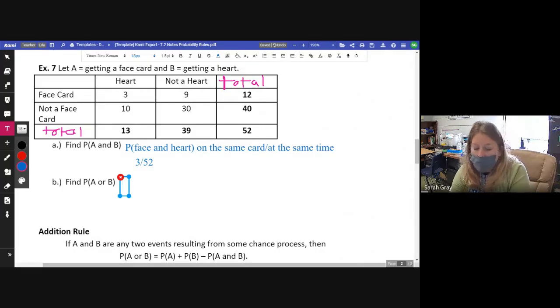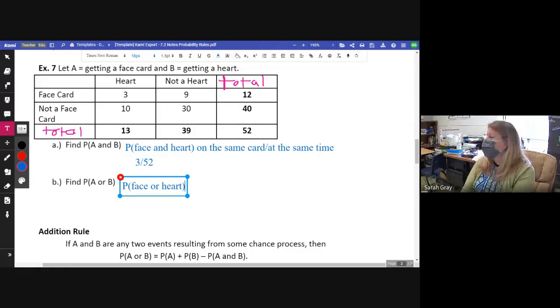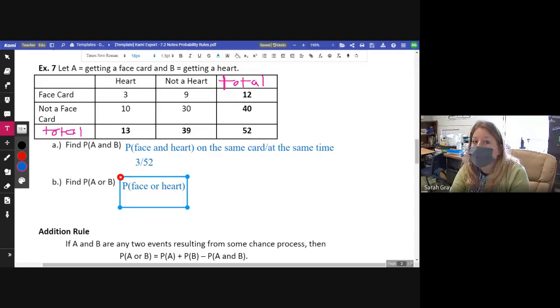Okay? For the probability of A or B, so we're looking for the probability of getting a face card or a heart. So this widens it a lot. You're a winner if you draw a face card or a heart. 12 out of 52? Little high. More than 12. A face or a heart? So we're adding 13 plus 12? Sort of.